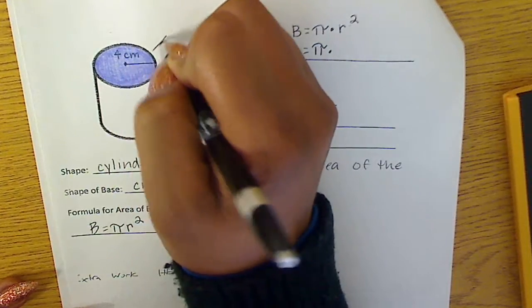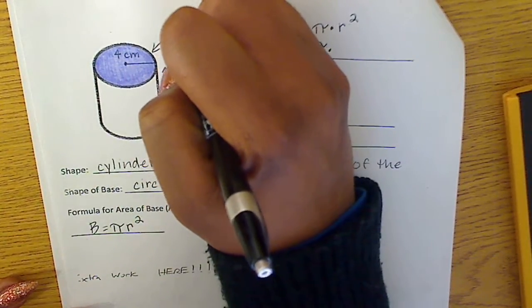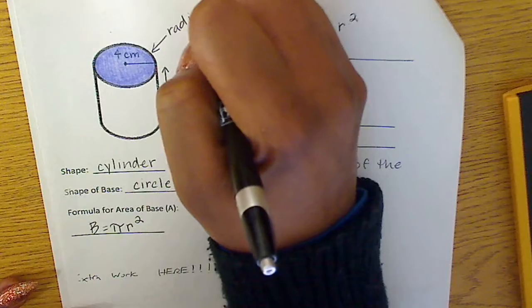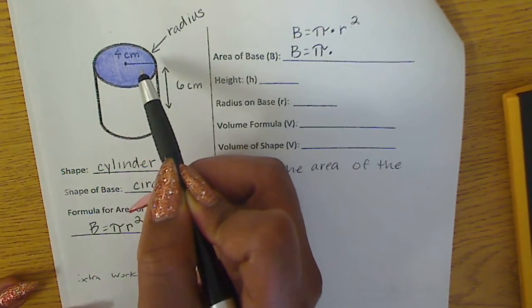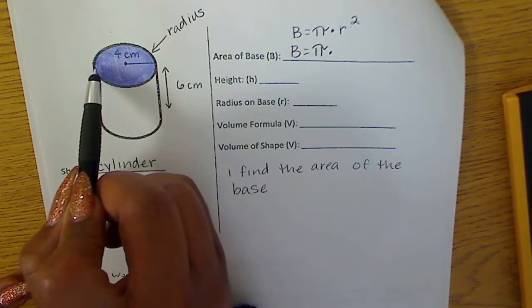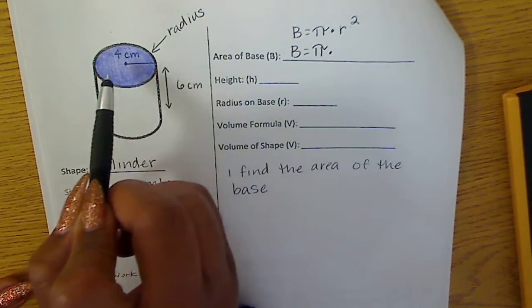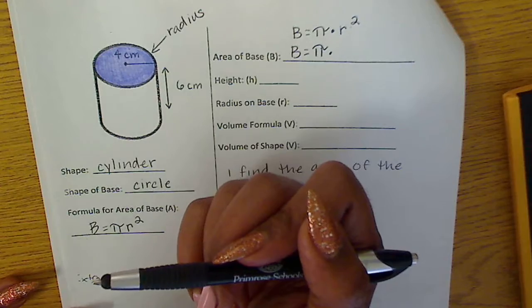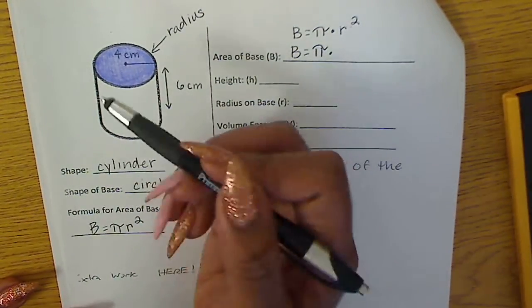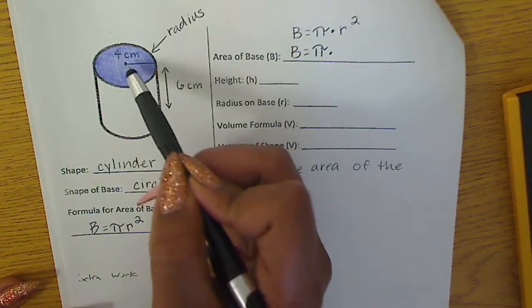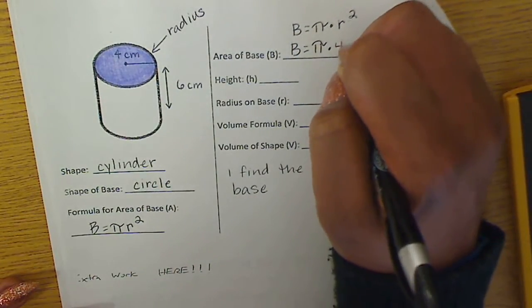This is the radius, and the radius is halfway across. If you're given an entire line all the way across the circle, that's the diameter, and you will have to know to cut that in half to get your radius. We will see that here in a second, but right now we're just given the radius, so we're just going to put 4 squared.